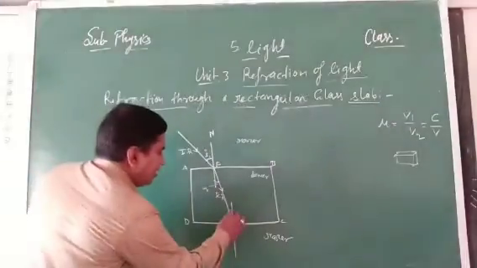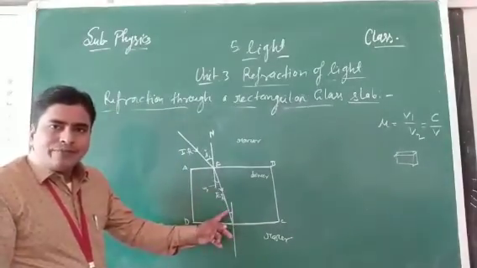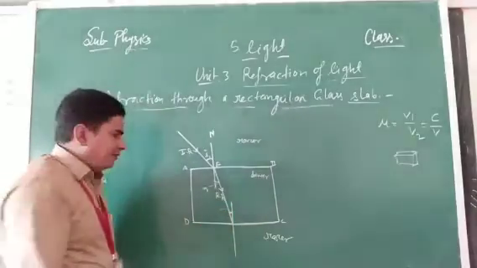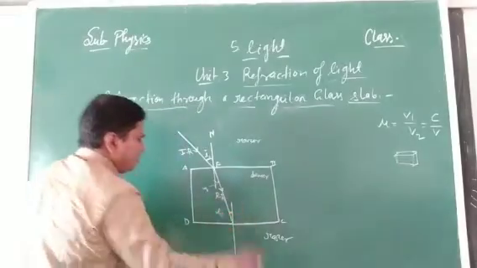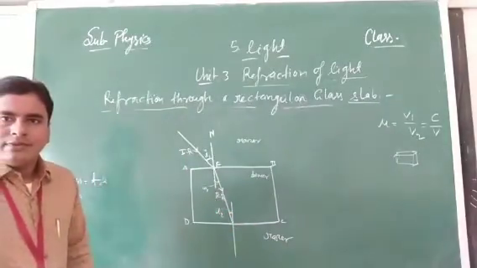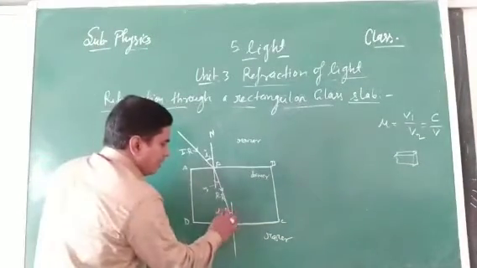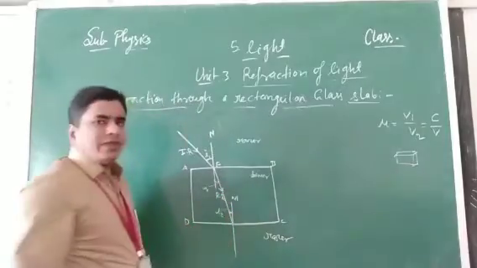Now this becomes the incident ray, and this is the angle of incidence, suppose I2. Again this is the normal, and suppose this is M.